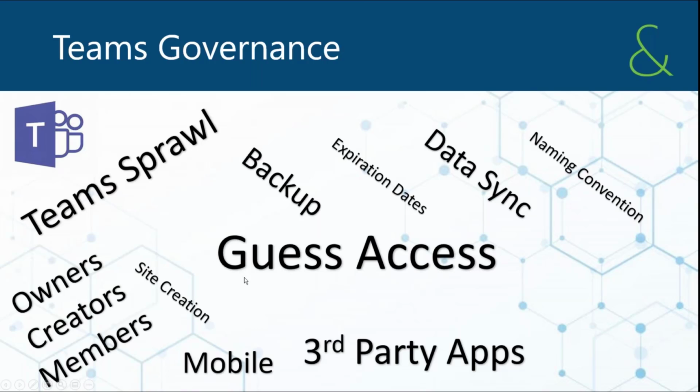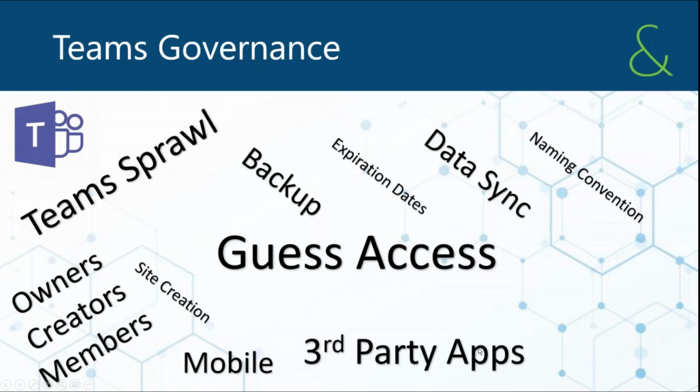Right off the bat, guest access. If you want people outside your organization, I'm not talking about anonymous users in a meeting. I'm talking about a user from another organization being given access to a team site in your organization where they can access files, post right in the chat, and do all those kinds of things. There's a whole set of admin settings just for guest access.